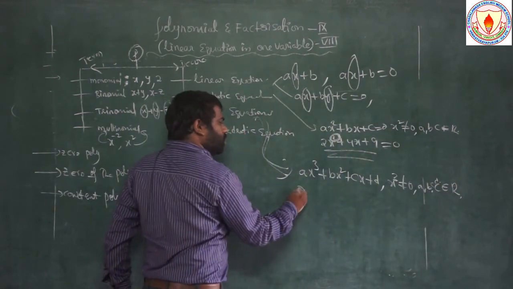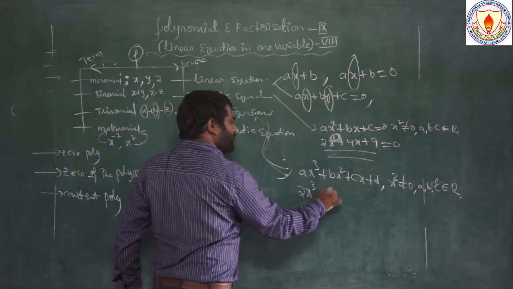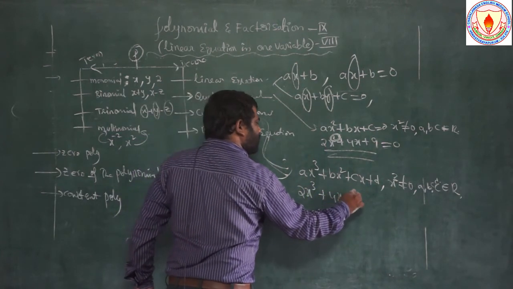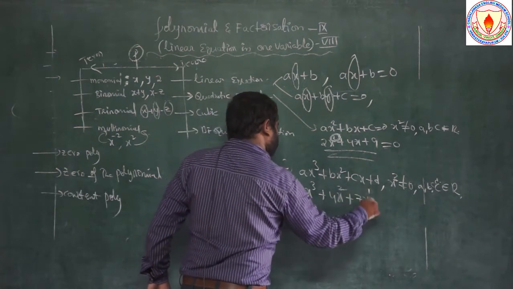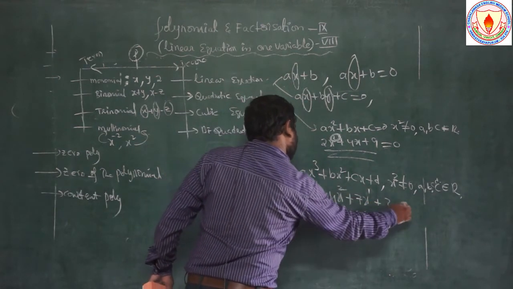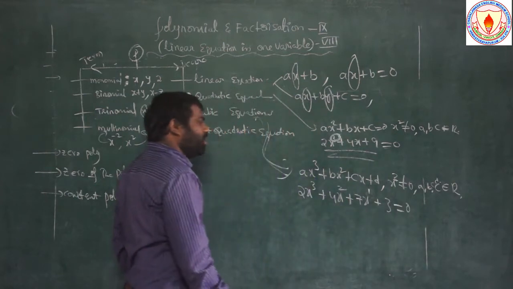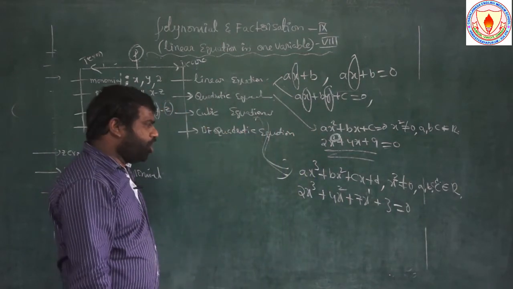Nothing but 2x cube plus 7x square plus 4x plus 3. This is one cubic polynomial.